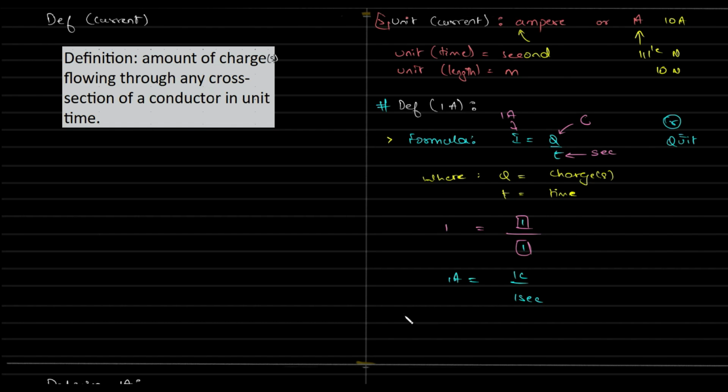So how do you do that? It's simple. I'll put it in words here. The current through a cross section of wire is said to be 1 ampere if 1 coulomb of charge flows in 1 second.